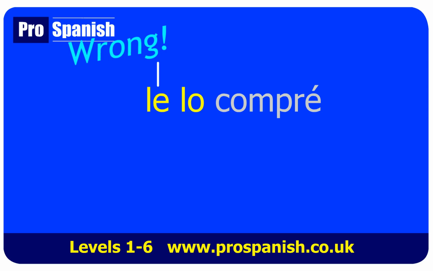So we change the le to se, and we say, se lo compré. Se lo compré means I bought him it. We'd probably say I bought it for him. Or I bought it for her, because it's the le that's changed to the se. I bought her it. Se lo compré.